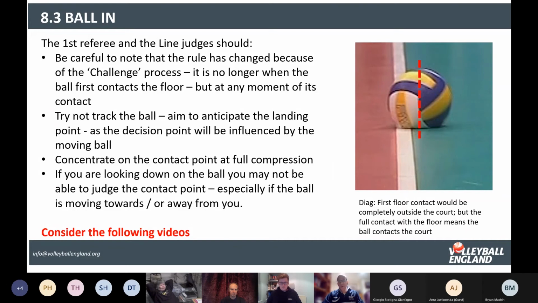So you need the support of your line judges, particularly on that sideline, and it's always worthwhile trying to do some training yourself to look at the ball coming across court towards you and trying to work out where you are seeing the ball and the contact, and help get that into your mind.